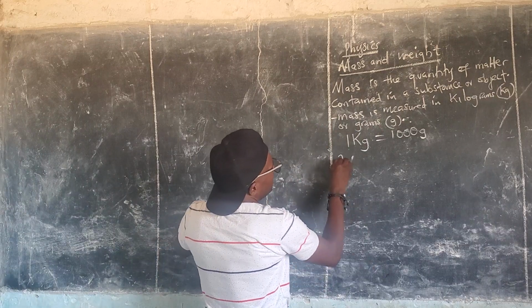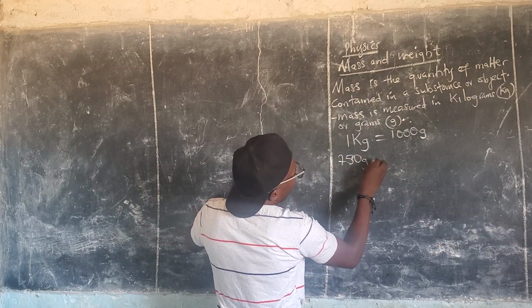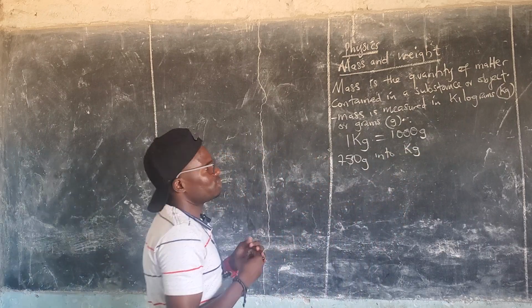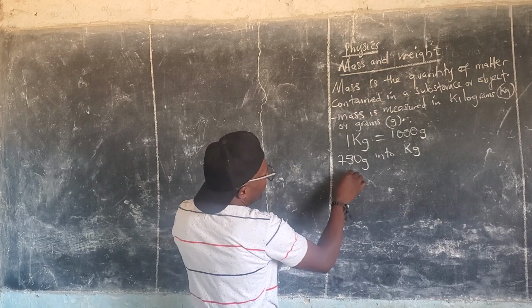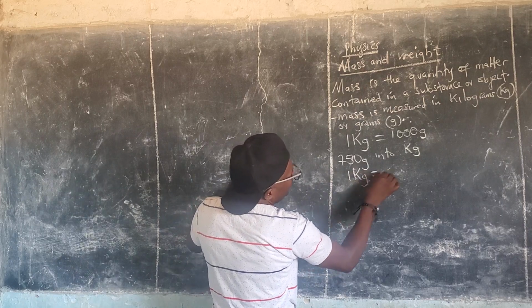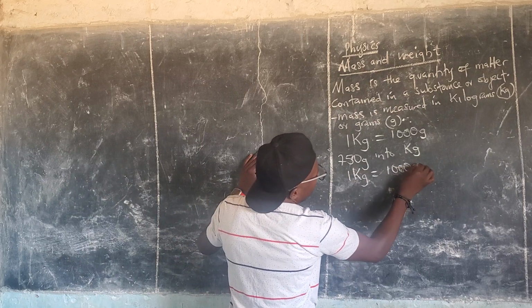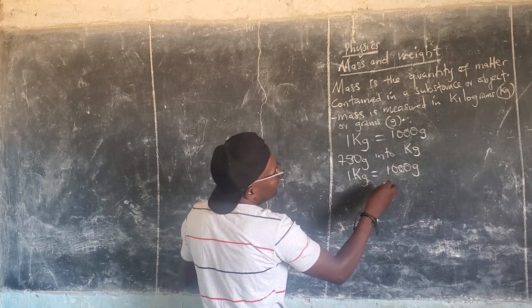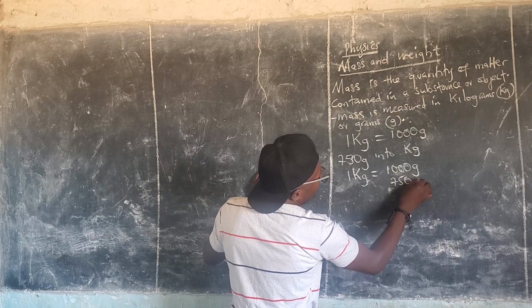For example, let's say you're given 750 grams, you change it into kg. How do you change? It's very simple. You just say 1 kg is equivalent to 1,000 grams, and then under grams, we have 750.